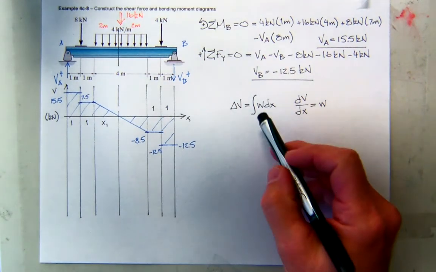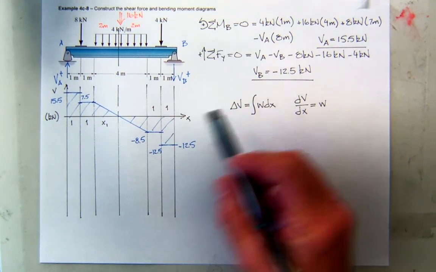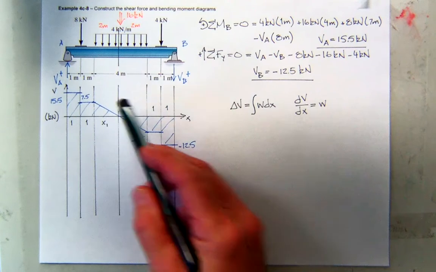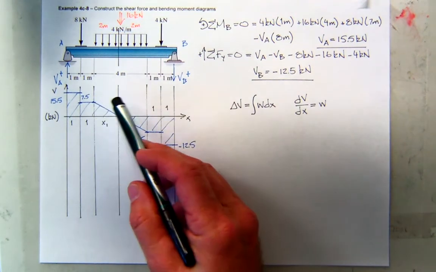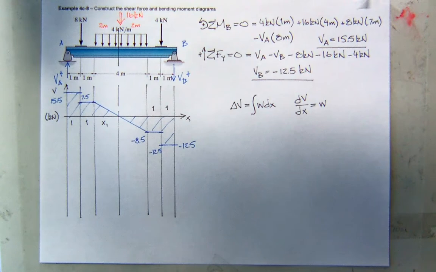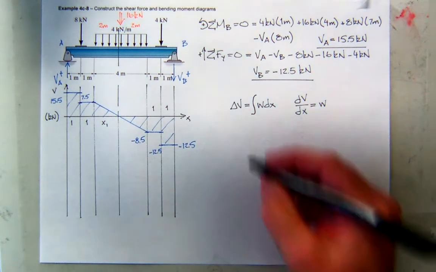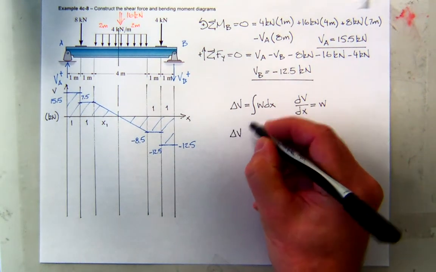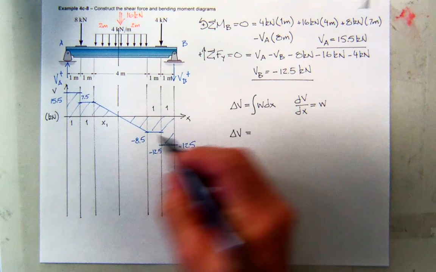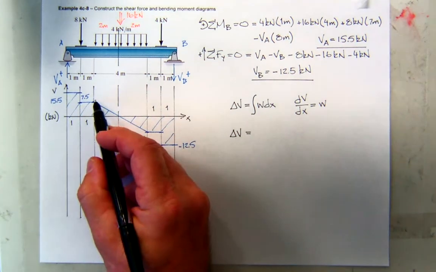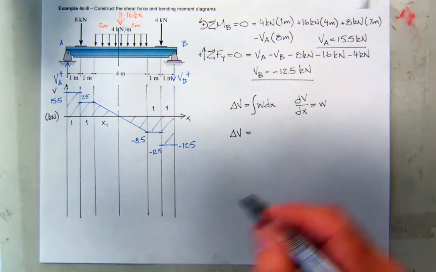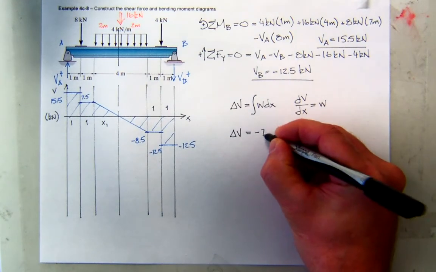We know that the change in shear from here to here is the area under the curve. What's the change in shear from here to here? It starts off at 7.5 and ends up at 0, so the change is negative 7.5.